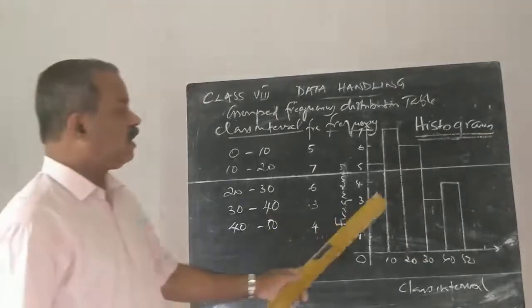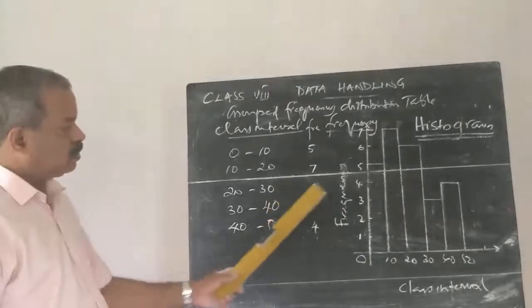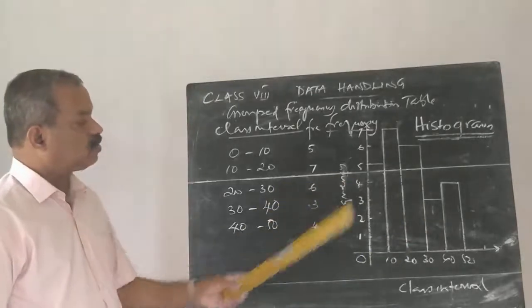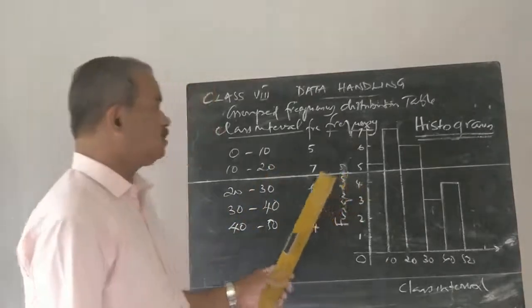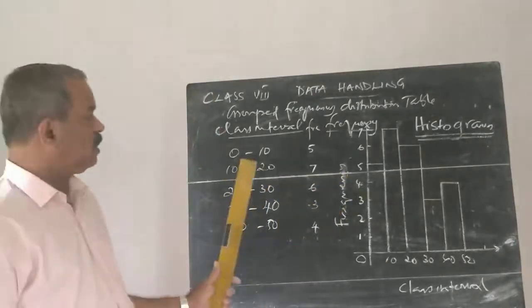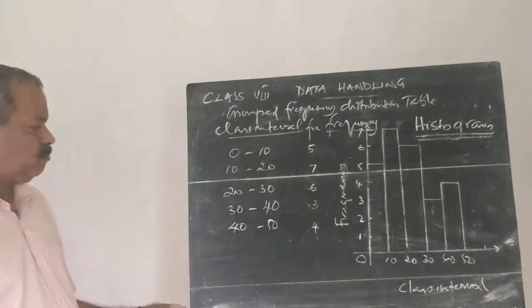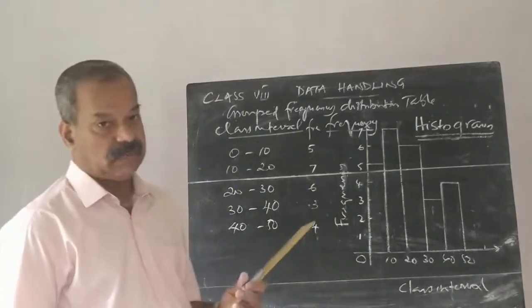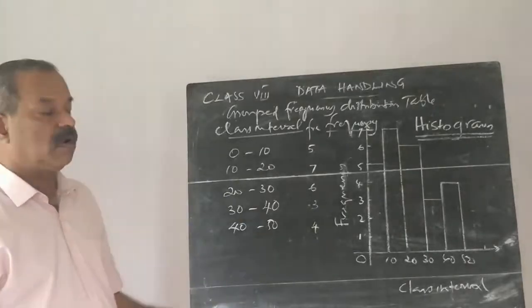So we can easily interpret and answer such questions. That is the advantage of representing data by a graph, either a histogram, bar graph, double bar graph or pictograph.